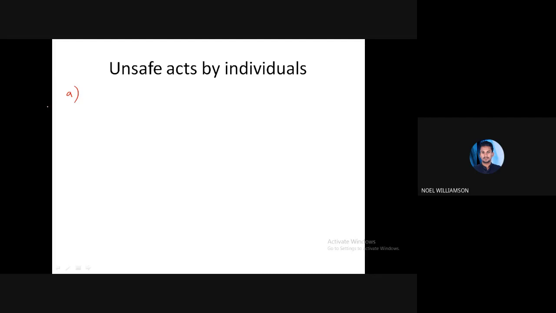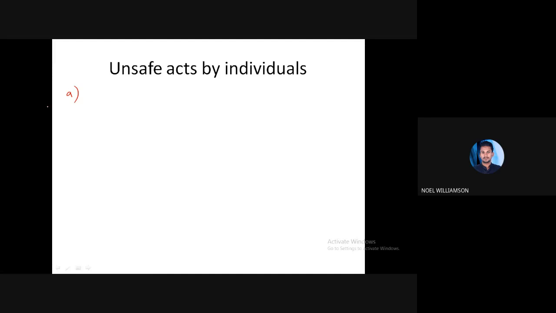If a worker is doing some activity without proper authority, for example, you are coming to the production lab for the first time, but when you see the fluid machinery lab or thermal engineering lab, you have a feeling that you should just do some experiment in that.